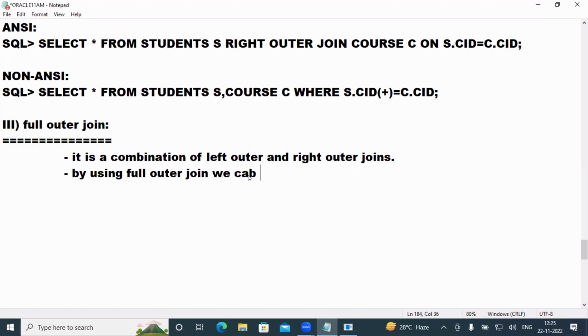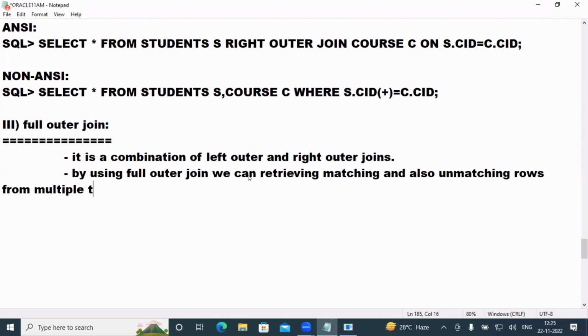Now, by using full outer join, what can we do? We can retrieve matching and also unmatching rows from multiple tables at a time.